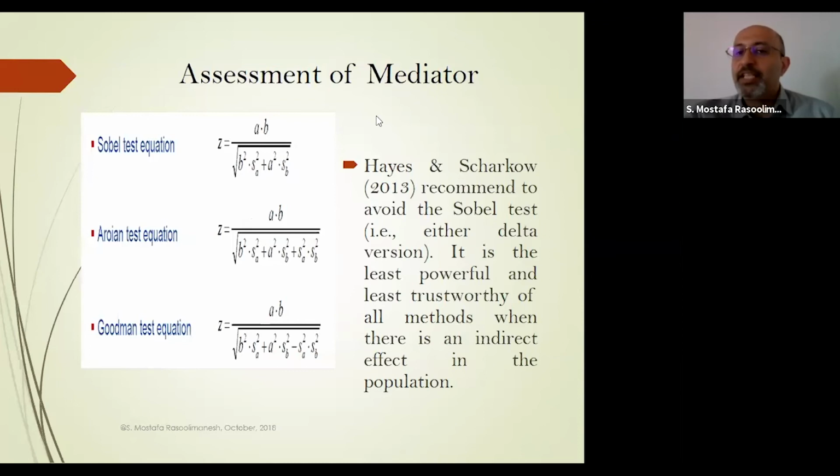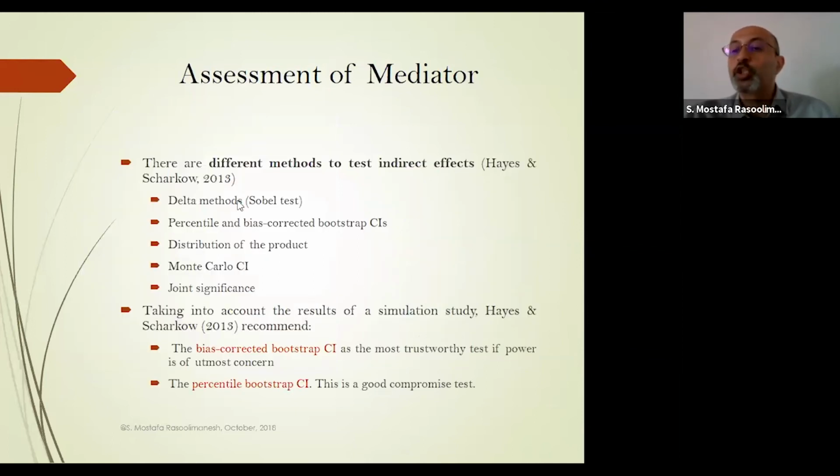Okay, this is a study by Hayes and Scharkow in 2013. They did some simulation studies for different tests and concluded that the Baron and Kenny test, first group, and under the third group, some tests like the Sobel test, Aroian test, and Goodman test, the Sobel test being an example of this delta method, are all low power tests.